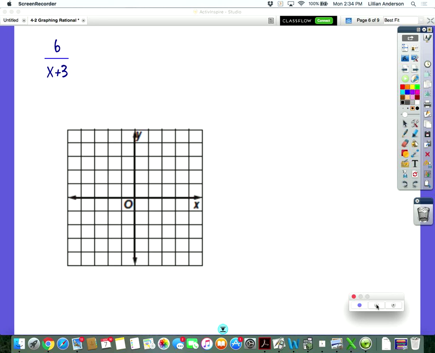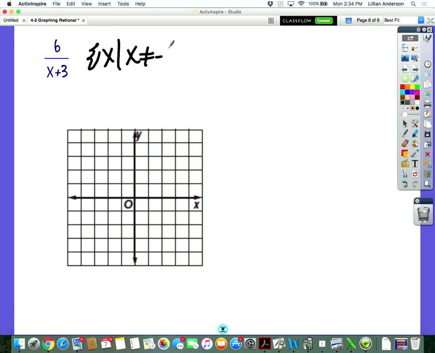All right, so domain, let's see. Set the denominator equal to 0 and find out that x can be everything but -3. Awesome. Do we have any holes, Brian? No, because it does not simplify. Exactly.